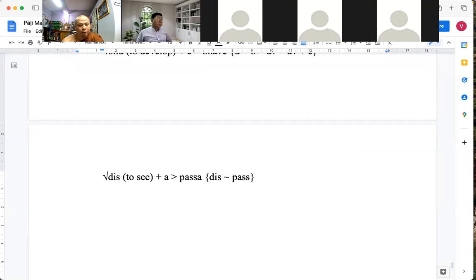So at the time, we have the pass said D, he sees, pass and D, they see, pass said C, you see, and pass said ta, you see.